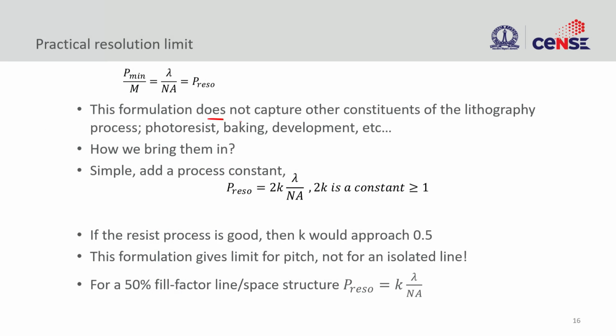It doesn't capture other constituents in lithography that we really want to understand, like the photoresist, the baking, the development. All these things are out of the discussion in this resolution relation. So we simply cannot rely on this equation as the limit. There is something else we need to add.